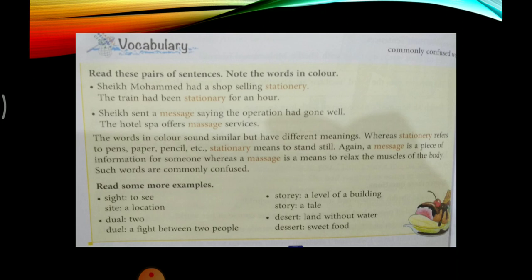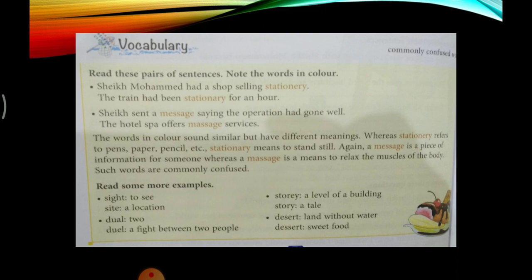Read some more examples. Site, SIGHT, to see, and site, SITE, is a location. Dual, DUAL, means two, and duel, DUEL, means a fight between two people. This word seems to be interesting to you, right? Okay, next.